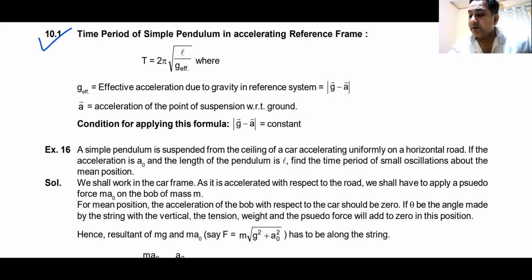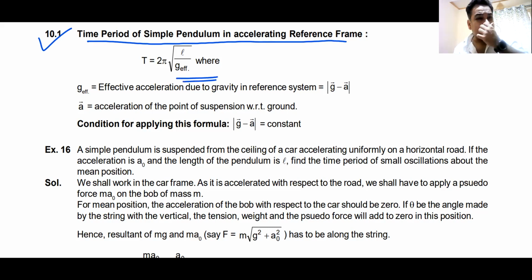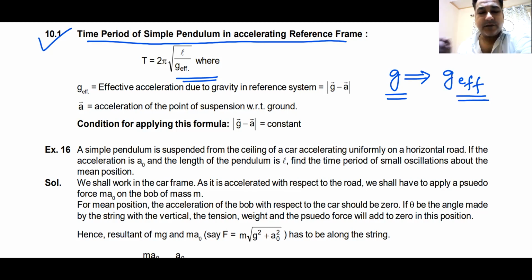I think we finished yesterday's class with the time period of a simple pendulum in an accelerated frame. That was what we did, and I told you that wherever you have g appearing in any equation, and you are in an accelerated frame, this g gets replaced by g effective.